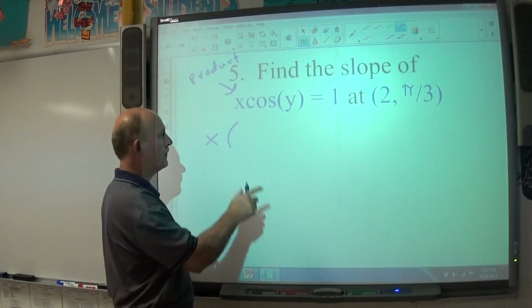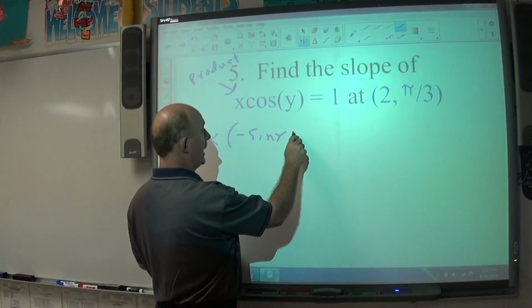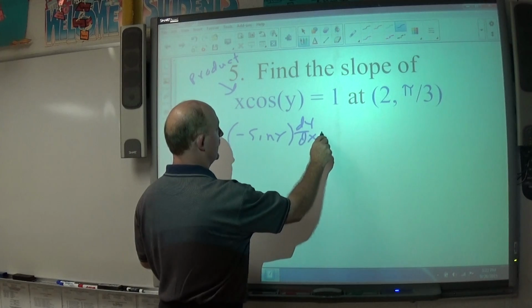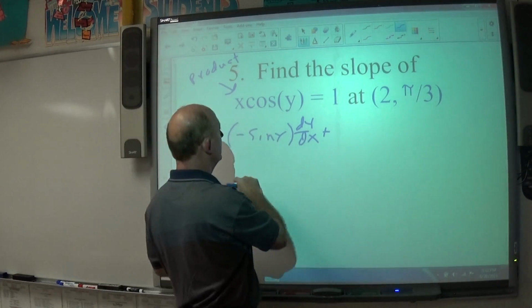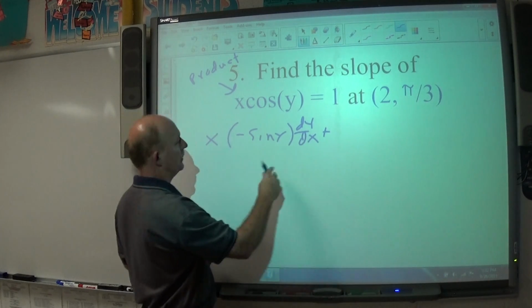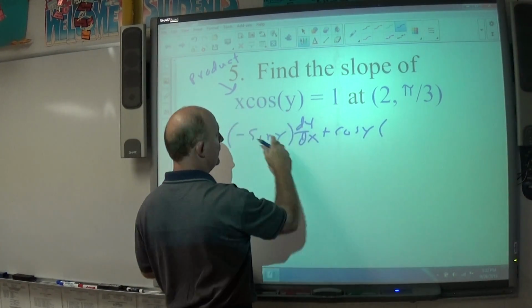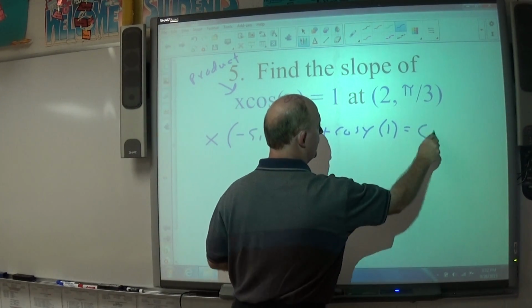So the derivative of cosine y would be negative sine y times dy over dx. That's the first times the derivative of the second, plus the second, which is cosine y, times the derivative of the first, which is 1. That will be equal to the derivative of 1, which is 0.